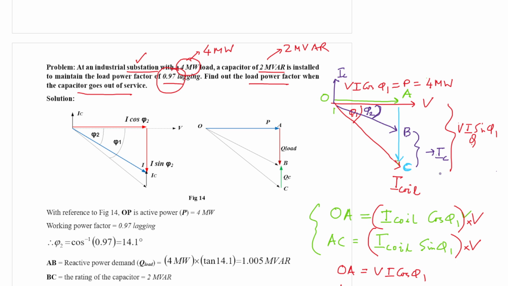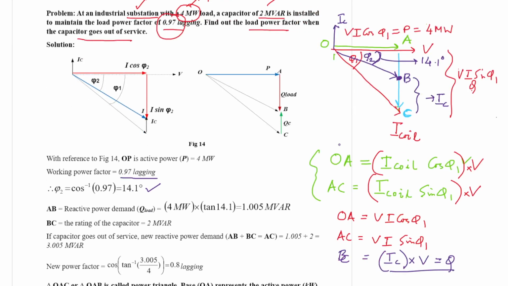So with this problem, what we can have here is that now the power system is operated at this point B, this phi 2. You see it is operated at 0.97 lagging. So if you take phi 2, it will be 14.1 degree. Now it is asked that if the capacitor goes out of service, so this phi 2 becomes now phi 1. So what will be that power factor?